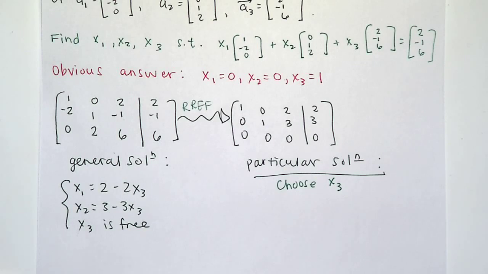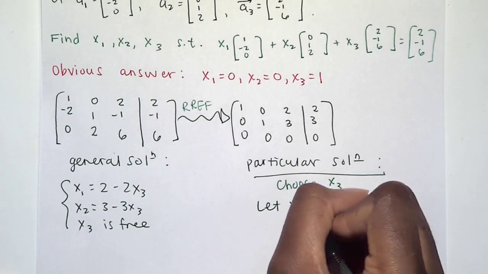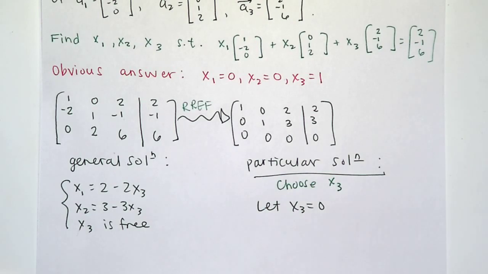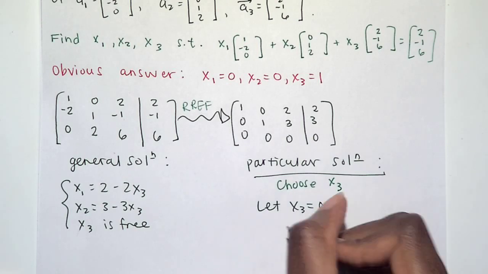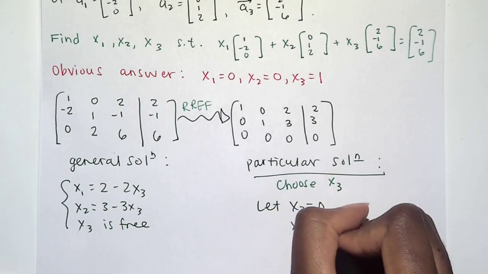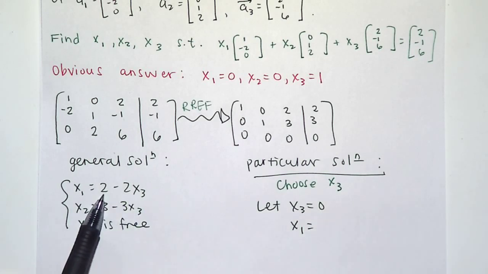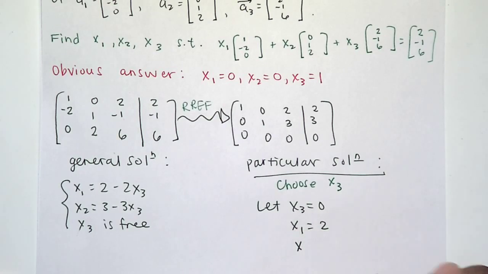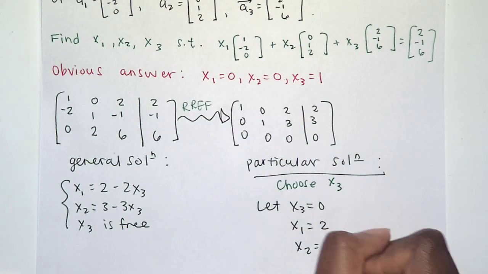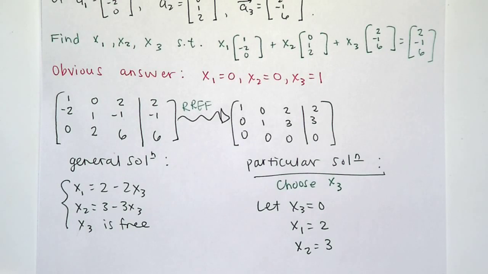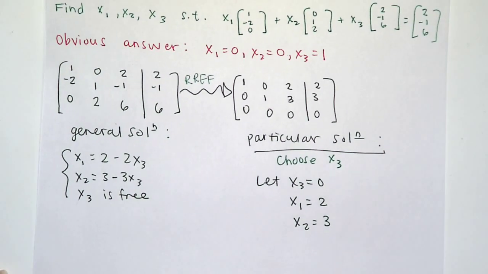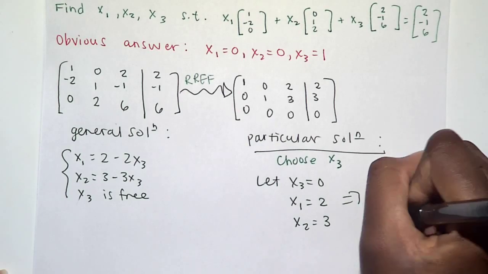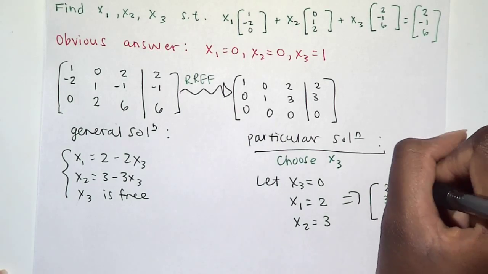I am going to try to make things easy for us, and I'm going to choose x3 equals 0. You could choose 5, you could choose 1,000, whatever you want. To find the x1 that goes with it, I will just plug in 0 here. So x1 is 2, and x2 is 3. So a particular solution would be (2, 3, 0).